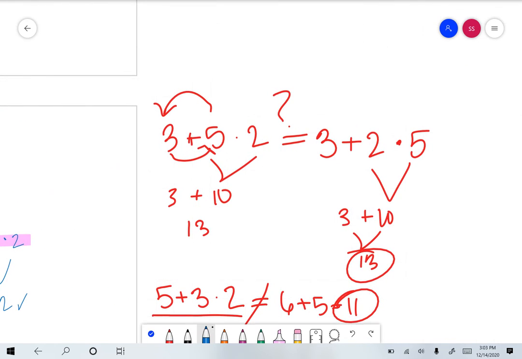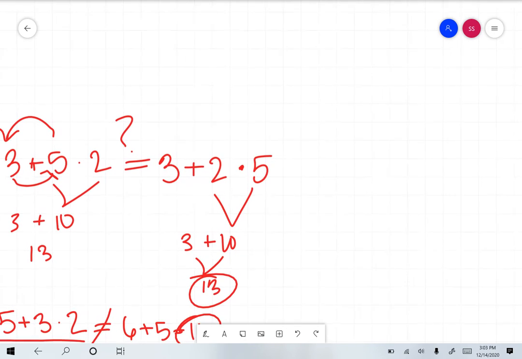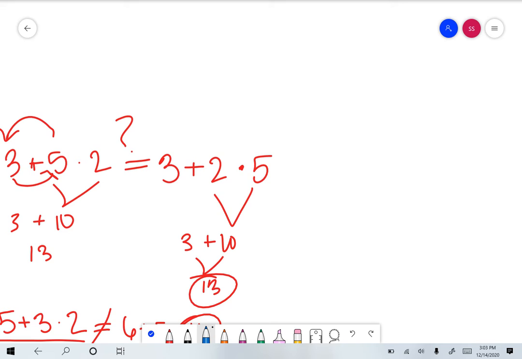Okay, what I mean by that is, let me give you another example. We'll stick with the 3, 5, 2 actually, but throw in something a little different. So if we had 3 plus 5 times 2, but we had 3 plus 5 in parentheses, and we were asked to reorder this without changing the answer using commutative property, there are several ways we could do this.